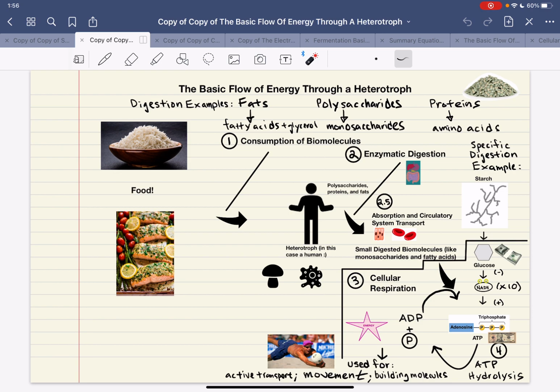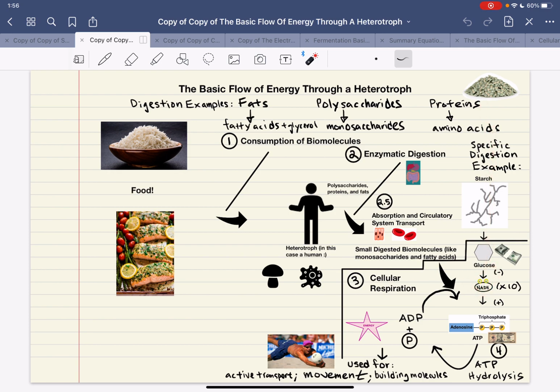The word I was looking for was minimal. Okay, so this cell has a really minimal lifestyle. So it doesn't need a ton of energy because it's so tiny. So food in itself, that's way too much energy for the little cells that make up your body. Okay, so we need to break down that $10 million bill somehow into $20 bills or $10 bills.